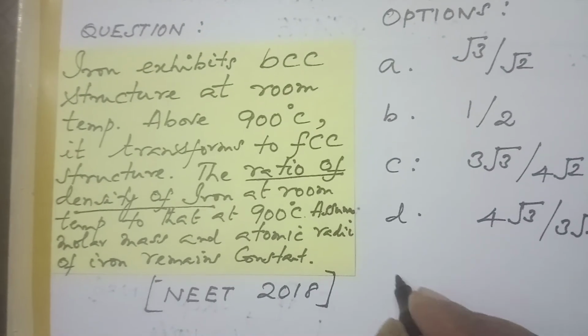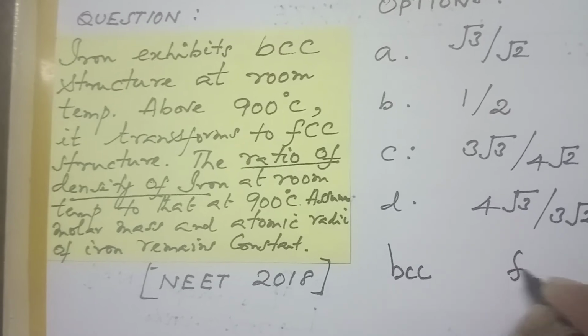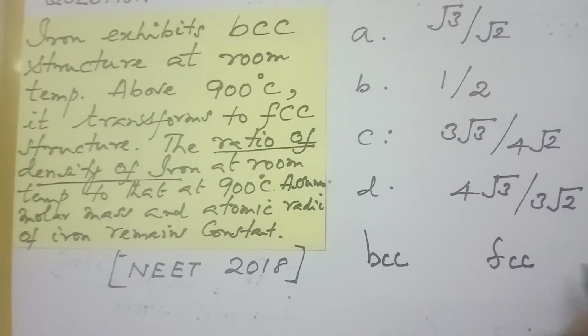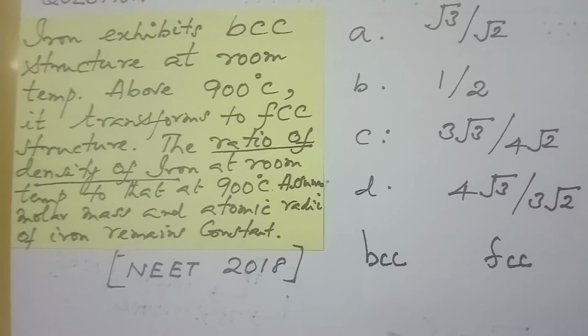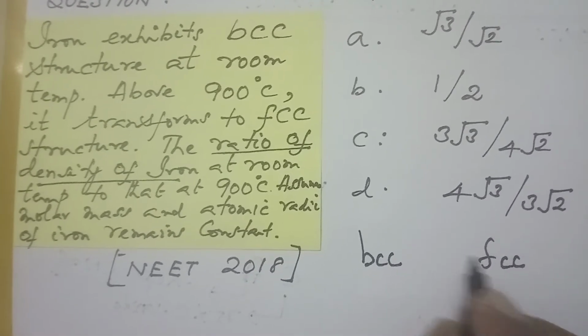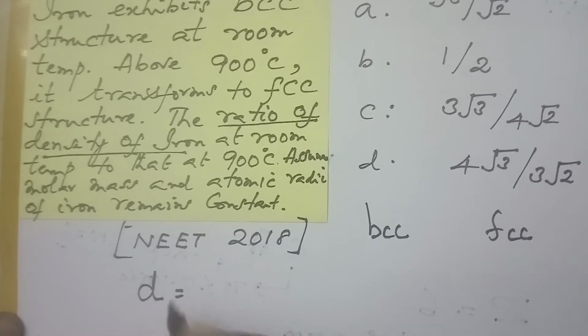Let me take what is given. First, iron with BCC. Second, it follows FCC at a different temperature only. Room temperature BCC, higher temperature FCC. That is all, and they want the density ratio. Now let me write the formula for density.